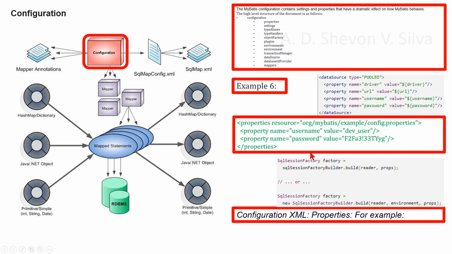Properties loaded from the class path resource or URL attributes of the properties element are read second and override any duplicate properties already specified.